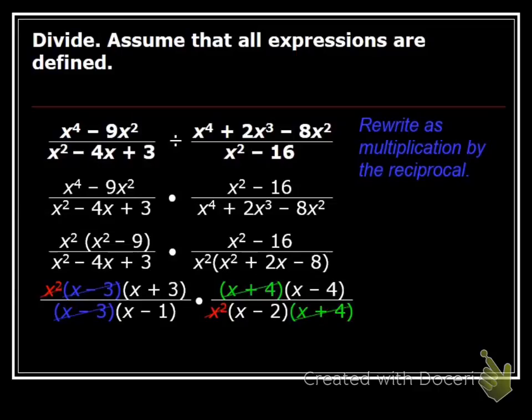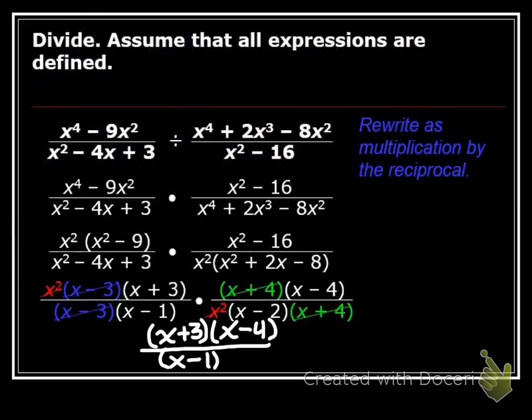So then what's left over on top? So on the left, I'm left with what? So x plus 3 on the left, and then on the right, I'm left with x minus 4. So now I'm putting them together just like we did earlier. They need to be multiplied. What's left over on the bottom? So whatever's left together, that's when you start doing the multiplication.